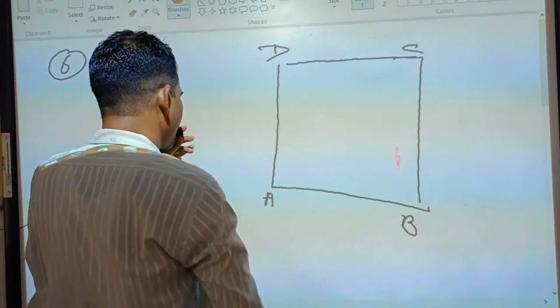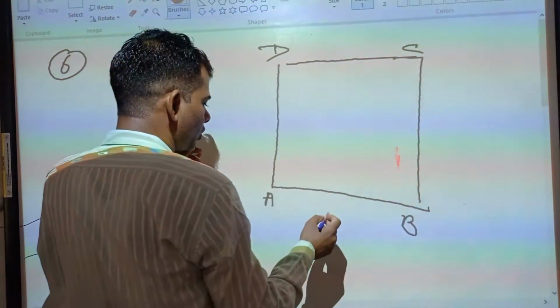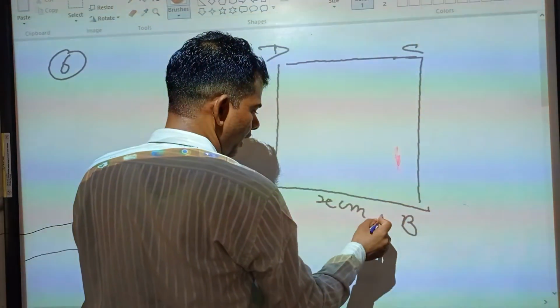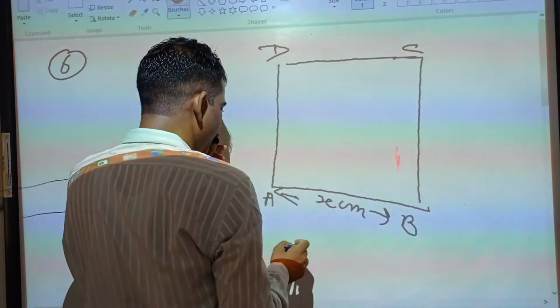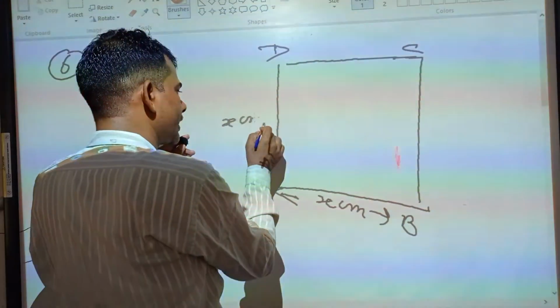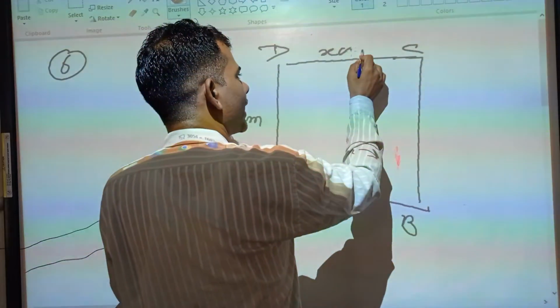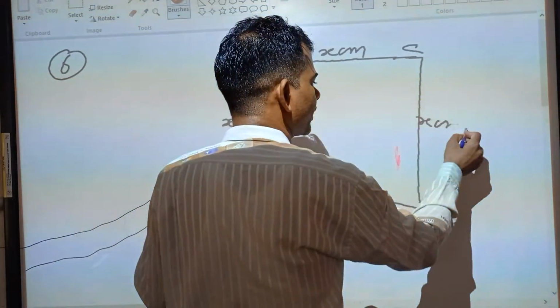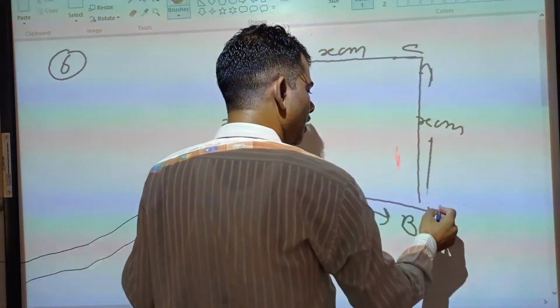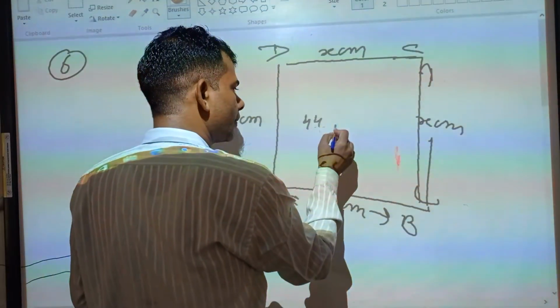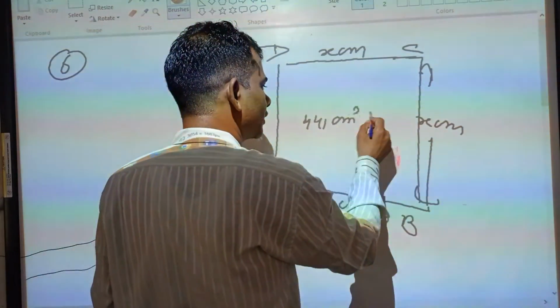This is the square ABCD whose side is x centimeter. I am considering that if this is x centimeter, this is also x centimeter. Now the area is given as 441 centimeter square.